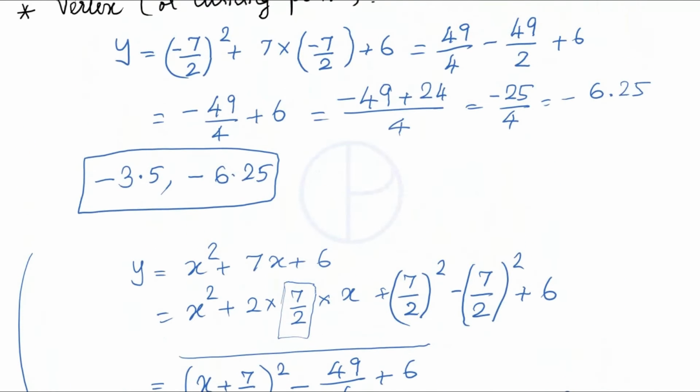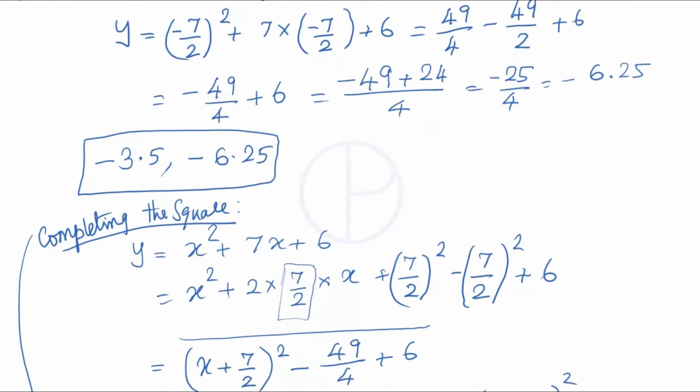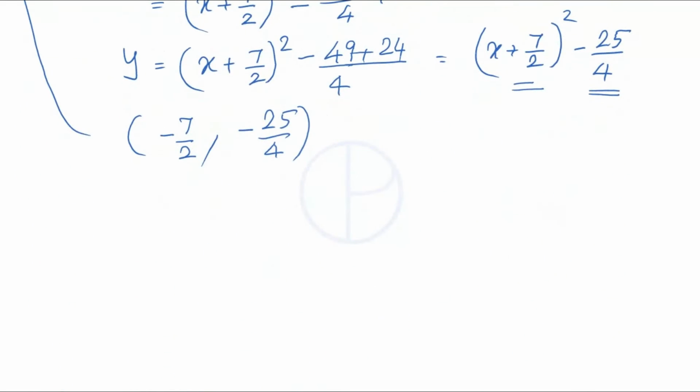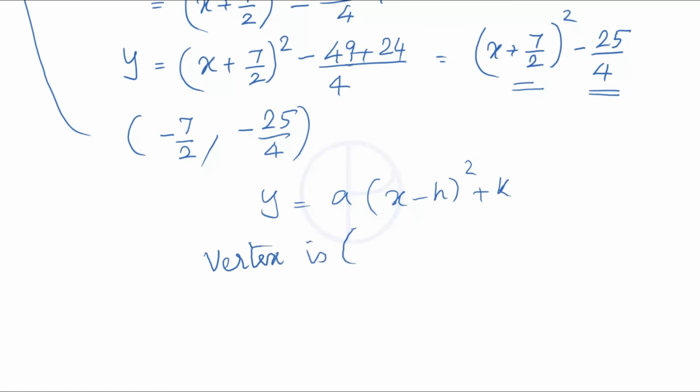Okay, this is by the completing the square method. If y = a(x - h)² + k, then the turning point or the vertex is (h, k). Now we got the vertex.